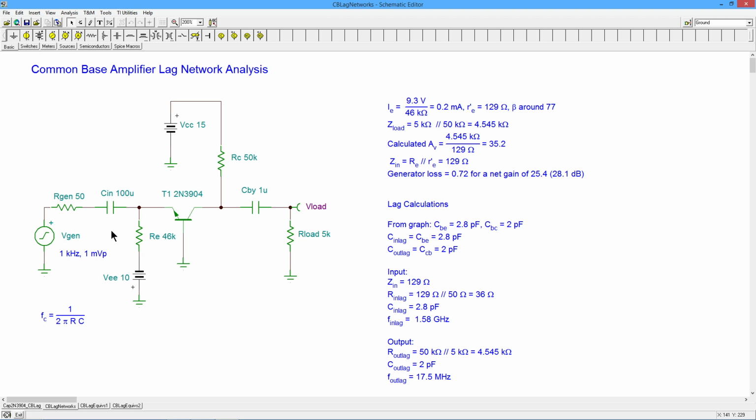But here you're kind of stuck, because you could make Rgen huge and it's not really going to impact the overall frequency response, the input critical frequency, because you've got this small Z in over here. So you can only do a very, very modest change in R and the R in, and consequently a very, very small change over here.